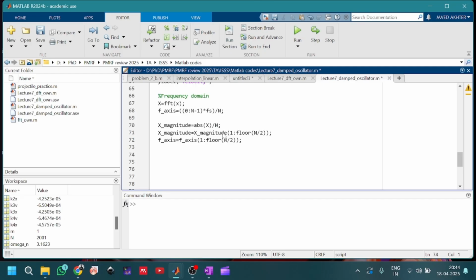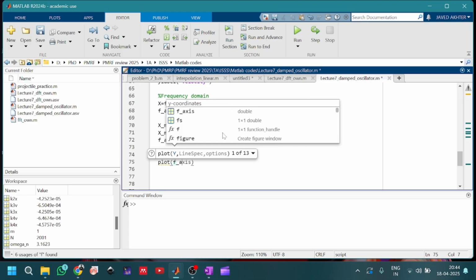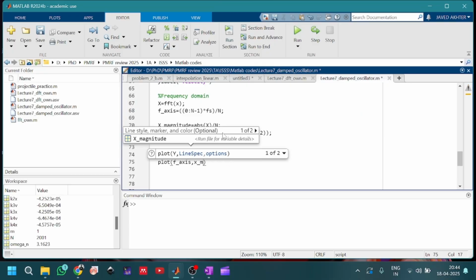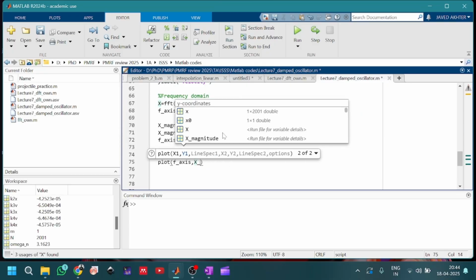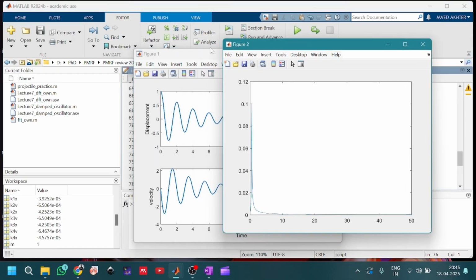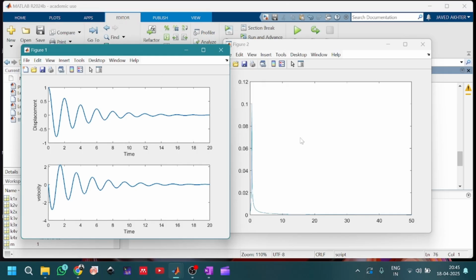Now you want to plot this, so let me plot it in figure 2, and here you will plot x axis as your frequency axis, then you have x magnitude, and so let me plot it. Okay, so you can see that this is the response of the system.